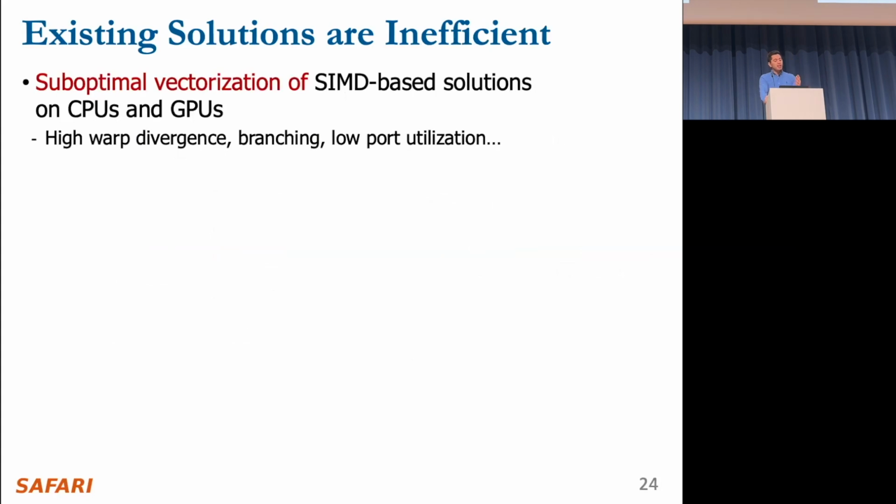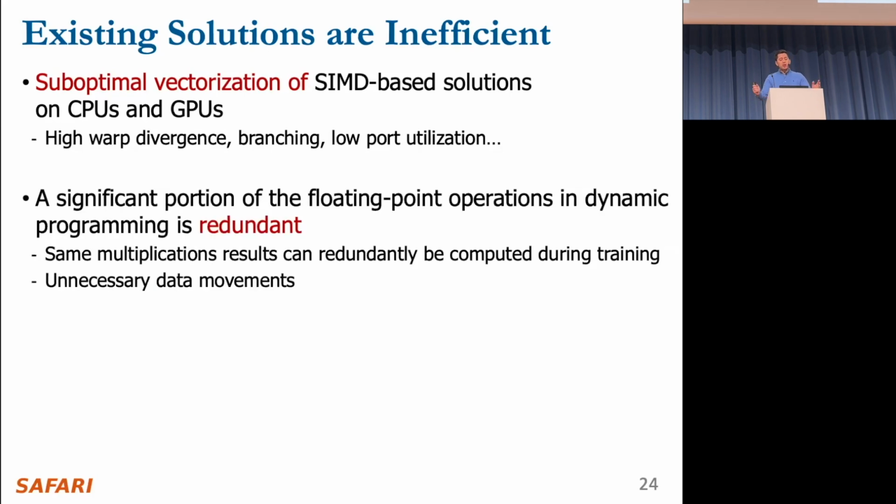There are also many other problems. For example, we observe suboptimal vectorization of SIMD-based solutions on CPUs and GPUs for many reasons, due to, for example, high warp divergence, branching, etc. We also observe that a significant portion of these operations are redundant, which can be identified by a close understanding of the algorithms.